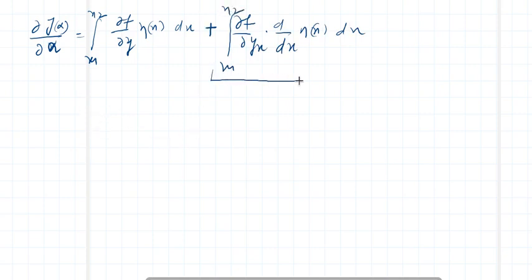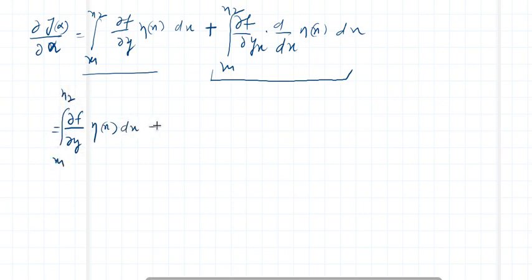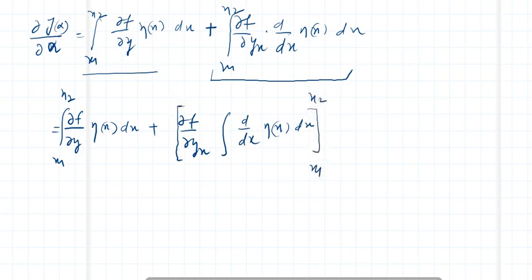Let us apply integration by parts on this part, and this part will remain as it is. So how do we apply integration by parts here? Take the first function as it is, and the integral of the second function, and this whole is the integral from x1 to x2.